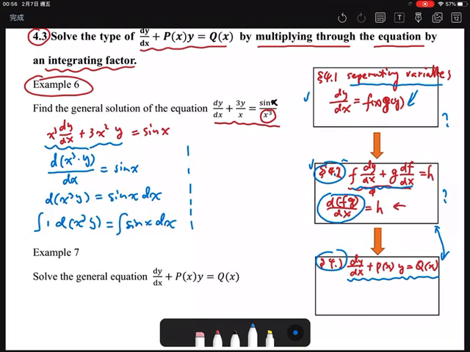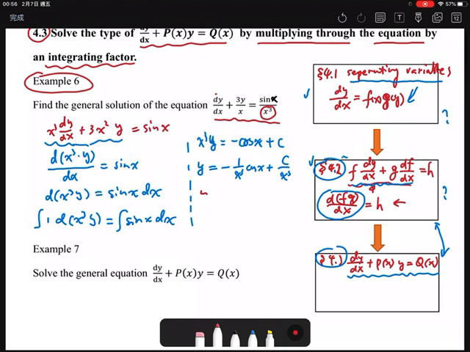Finally, we get x cubed y equals negative cosine x plus a constant c. So finally y equals negative 1 over x cubed times cosine x plus c over x cubed.